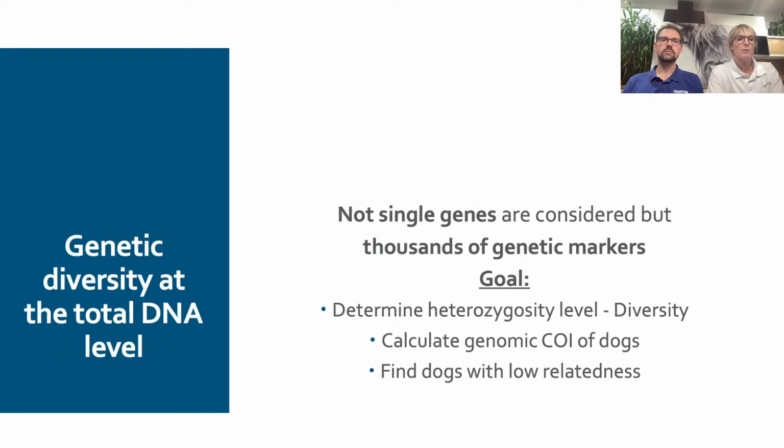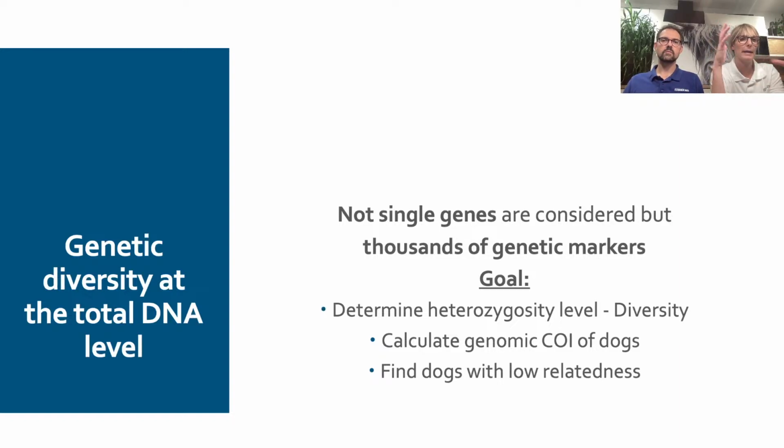So when we are going to genetic diversity at the total DNA level, we are not talking about single genes. We are talking about thousands of genetic markers, and the aim is to determine heterozygosity levels or genetic diversity based on these markers. So we have a lot of markers all over the DNA of a dog, and we use these markers for telling you what is the heterozygosity level or what is the genomic coefficient of inbreeding of a dog.